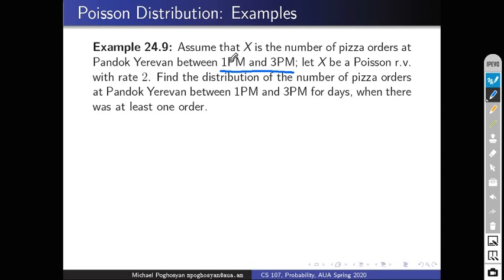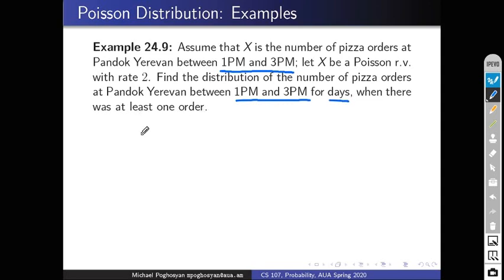So during these 2 hours, people on average are ordering 2 pizzas. Find the distribution of the number of pizza orders at Pandok Yerevan between 1 p.m. and 3 p.m. for days when there was at least one order.